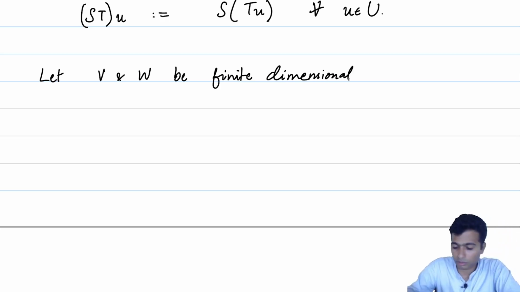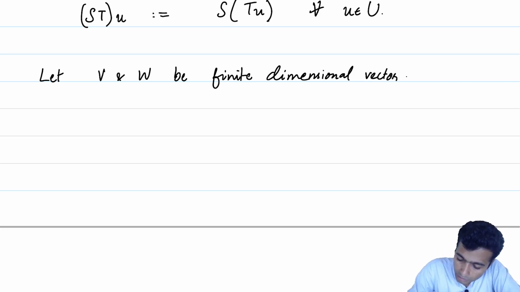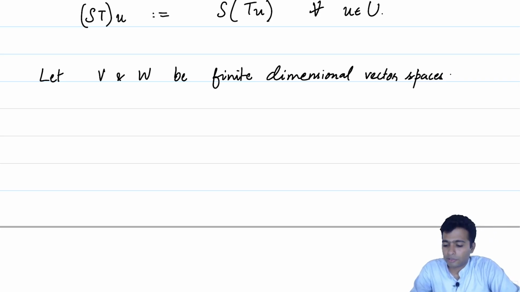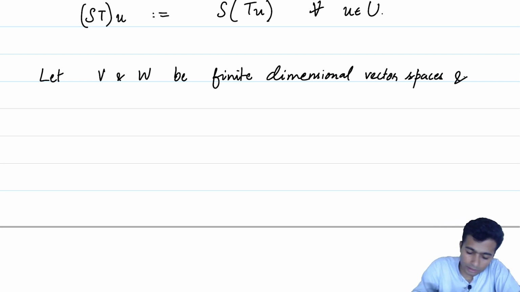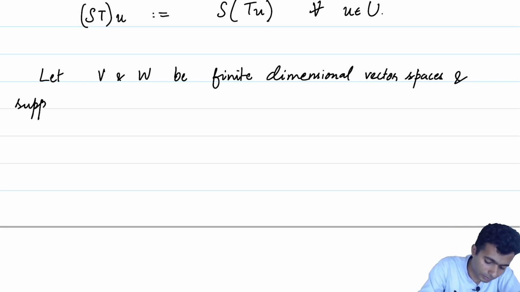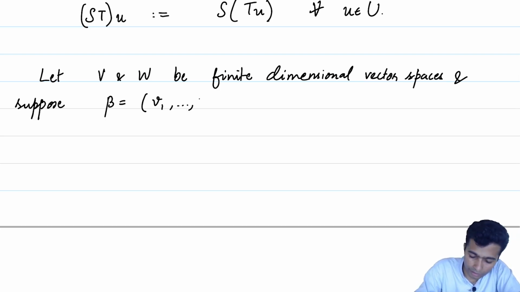We would like to talk about the matrix associated to a linear transformation, so finite dimensionality is essential as a hypothesis. And not just that, let us fix an ordered basis of V and W. Suppose beta equals v1 to vm and gamma equals w1 to wn.